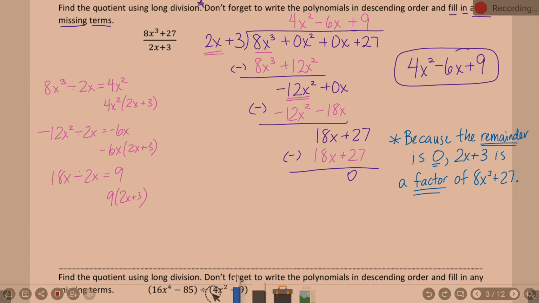With that in mind, and I think this is the reason I'm writing it, factored form.